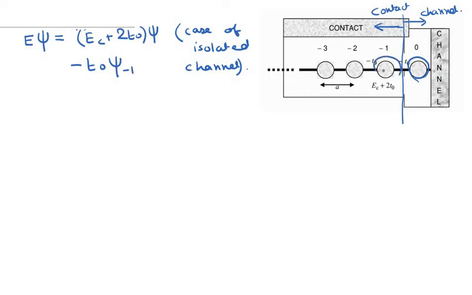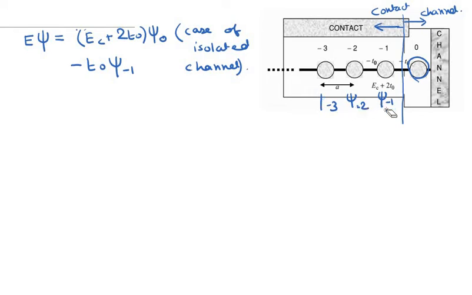So this is the minus 1th atom and the wave function here is psi of minus 1. Similarly here it's psi of minus 2, psi of minus 3, etc. I will just call it psi 0 over here to denote that the 0th atom is the channel.